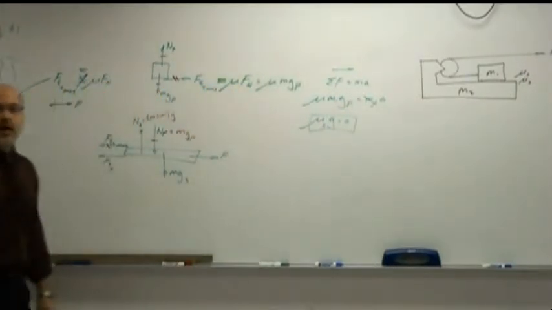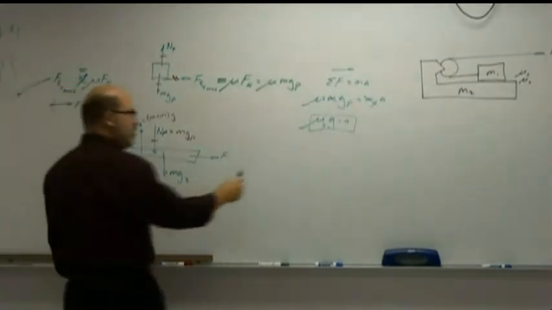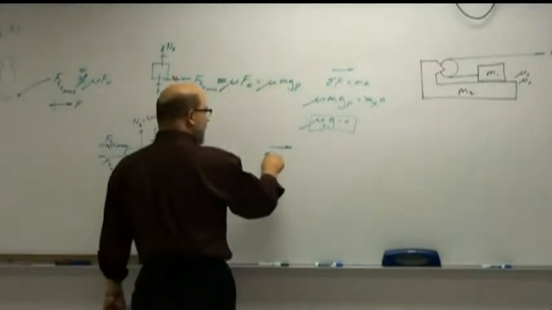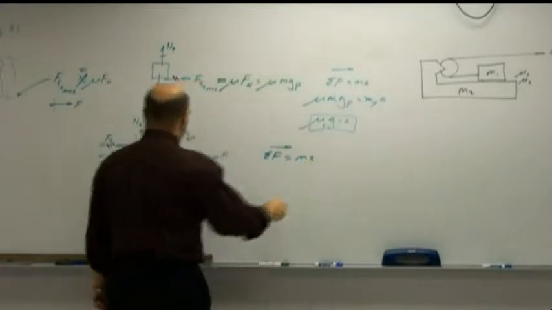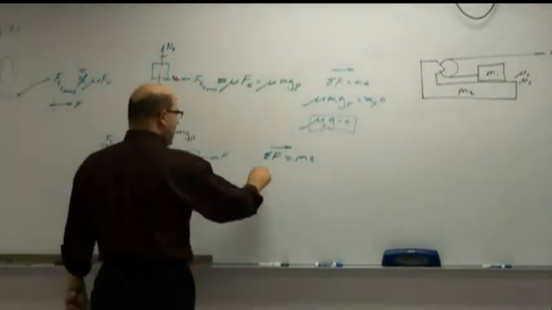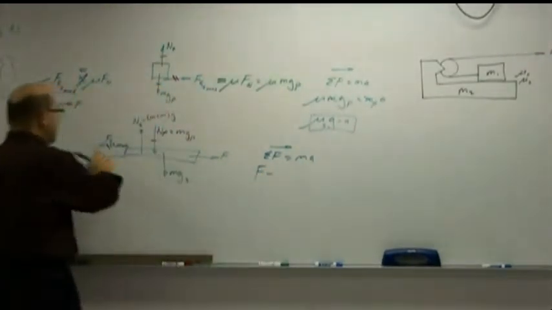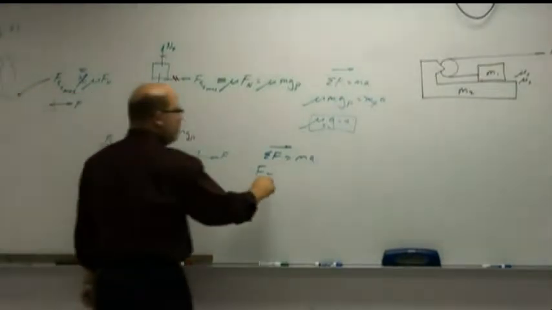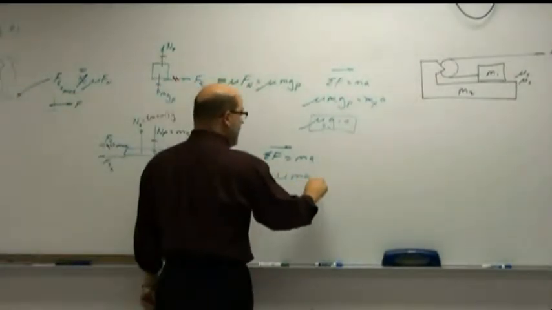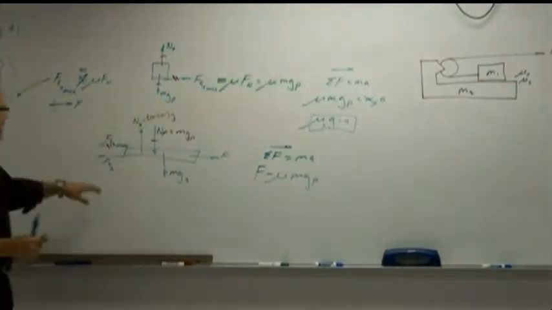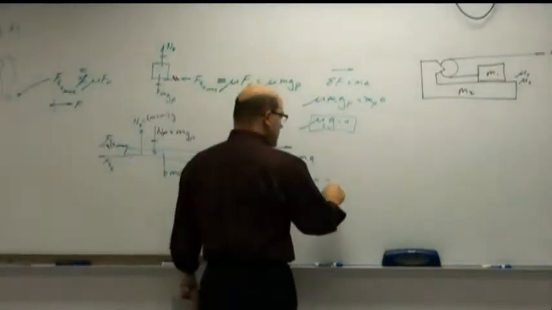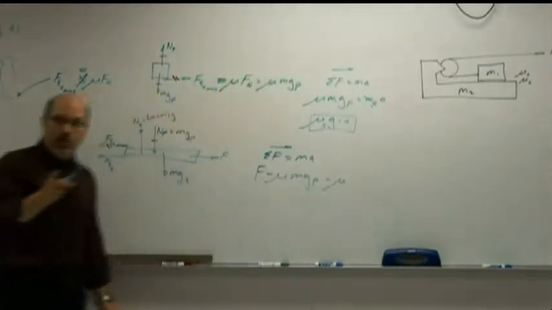Up top. And then down below, in the same direction, F equals ma. We'll have F to the right minus this friction, which is mu mg penguin. And we'll have this friction, which is mu force normal, so both ends.